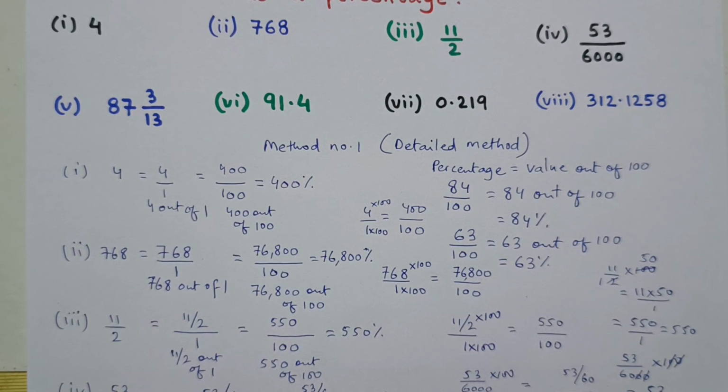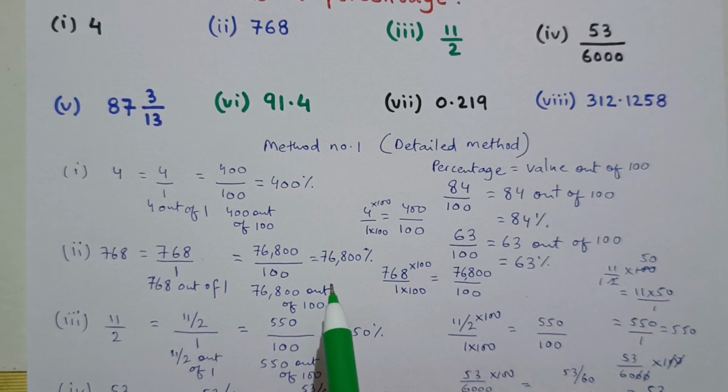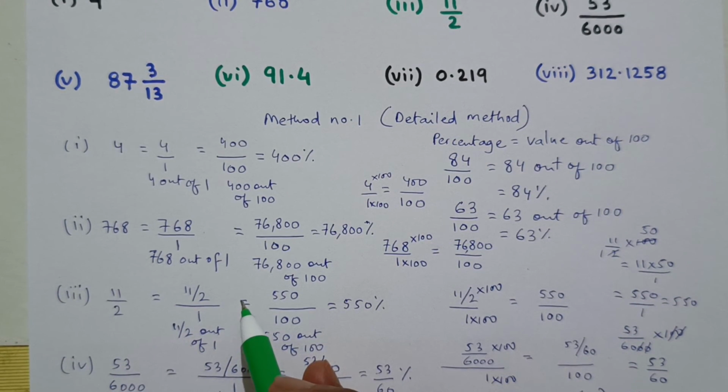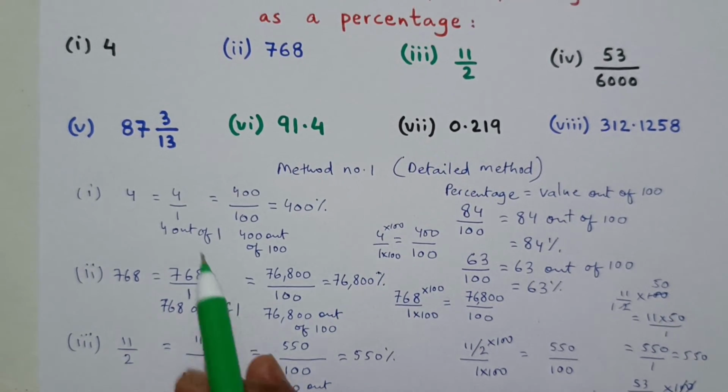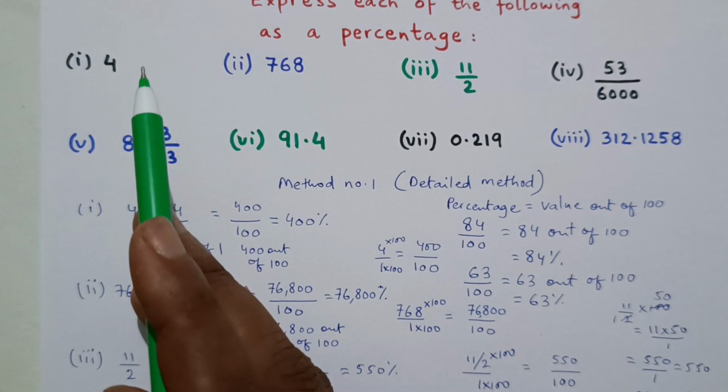So this is the detailed method. Now the faster method. The faster method is nothing but, you must have noticed in all the questions, if you multiply the number by 100, whatever answer you get, that is the percentage. So if you multiply 4 by 100, you get 400, and that is the percentage.